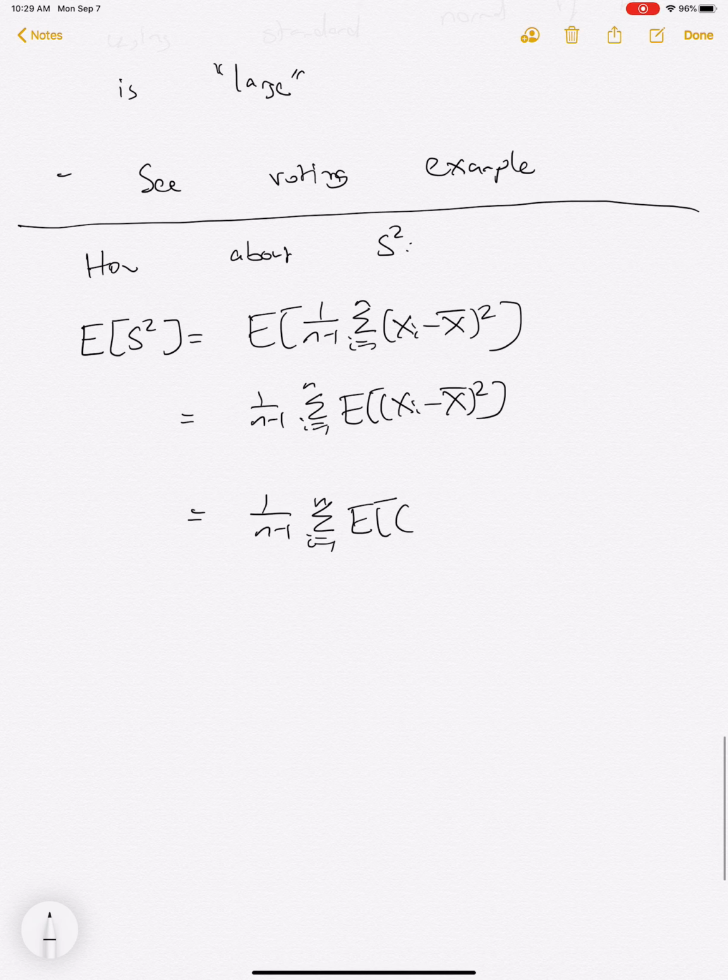We do this trick of adding and subtracting the mean, which is something we saw in the previous lecture.